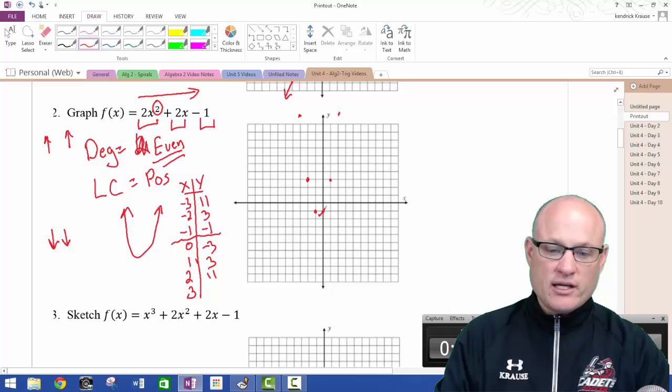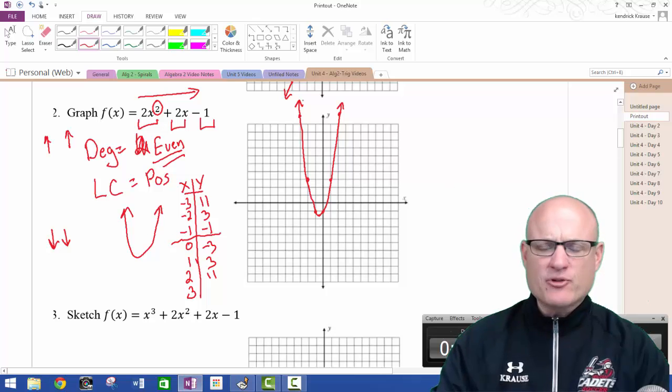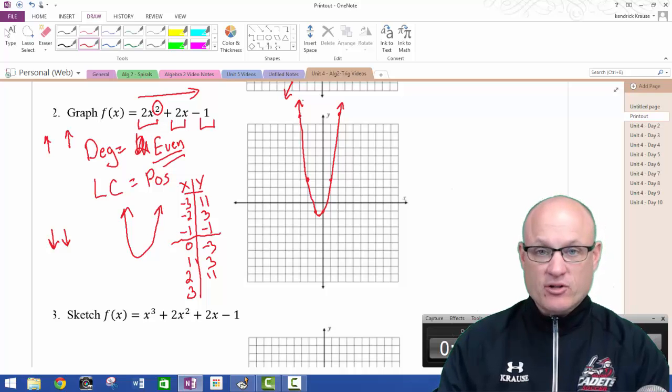What I want you to get from what I'm talking about today, and I think after this one, I'll do the cubic on the graphing calculator too, just to give you an idea what that looks like on the graphing calculator. But then after that, I'm just going to give a quick sketch of what these things look like, just based on whether it's even or odd, and whether the leading coefficient is positive or negative. All right.